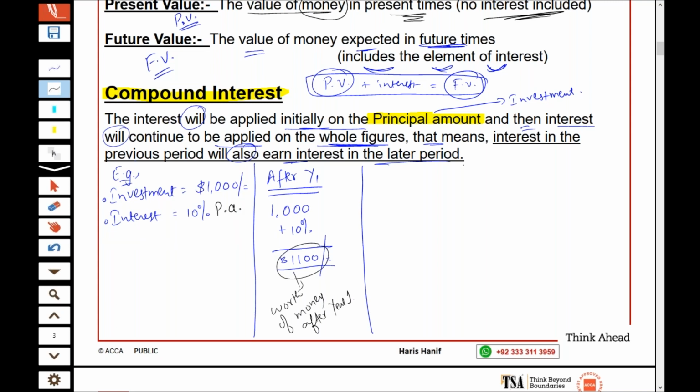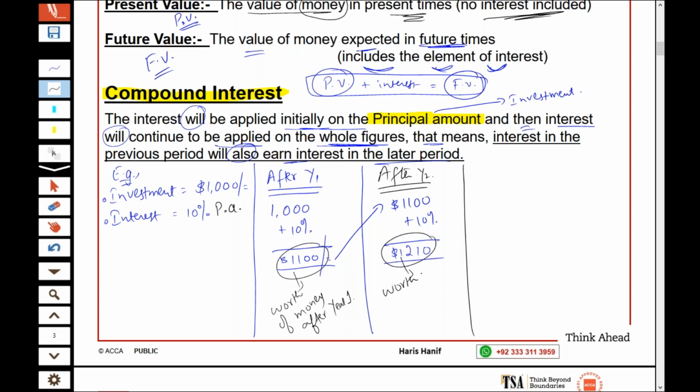What will be happening after year two? Now, after year two, the interest will be applied on this whole figure. That will include 1,100 plus 10%. It would become 1,210, and this is my value of money after 2 years.